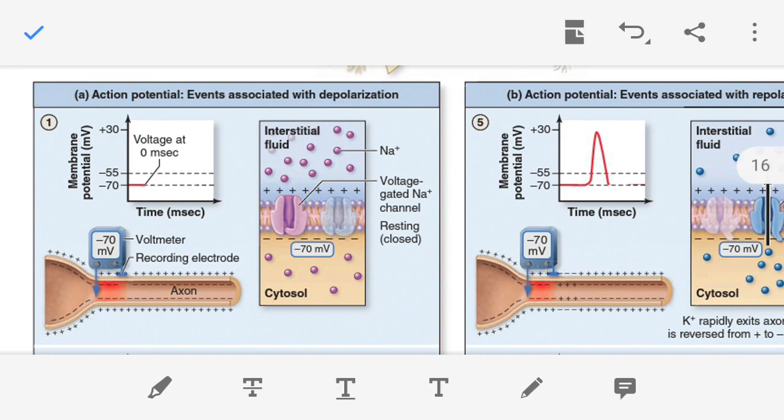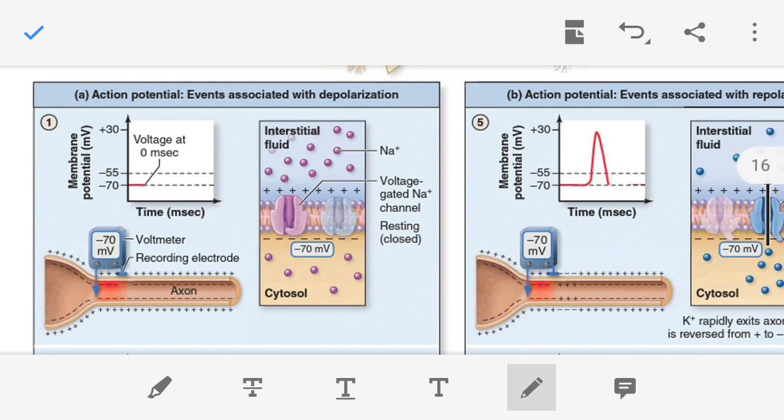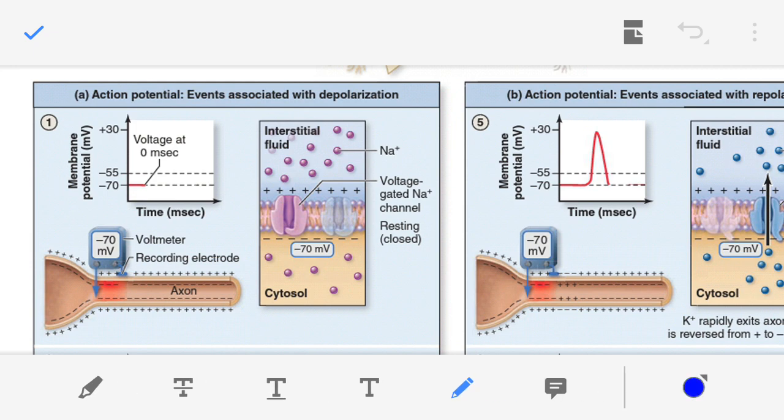In the first figure you can see this small graph, and on the y-axis they are showing the membrane potential in mV, and on the x-axis they are showing the time in milliseconds.